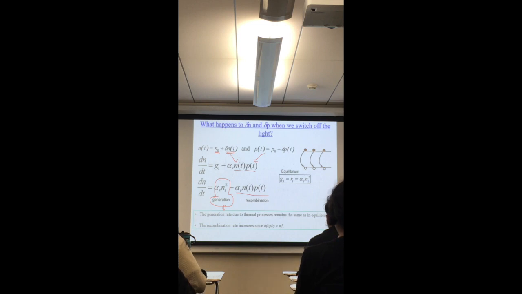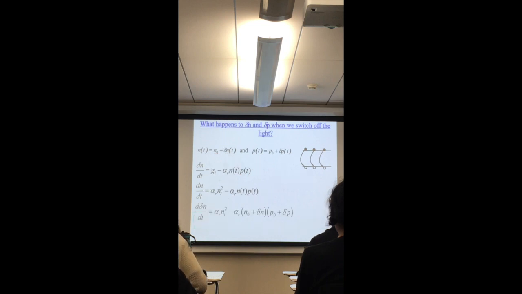From this one, we can replace these two by these two expressions. This n is n naught plus delta n, and p is p naught plus delta p.